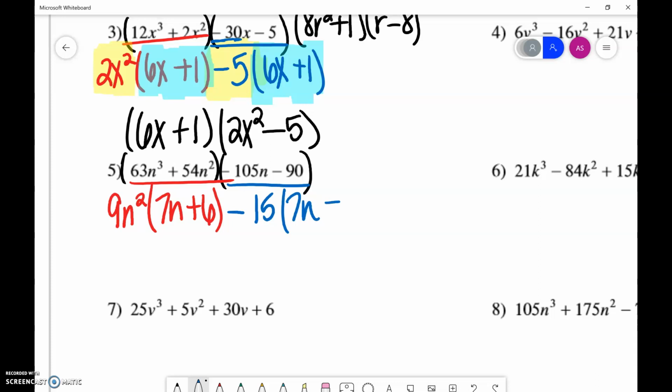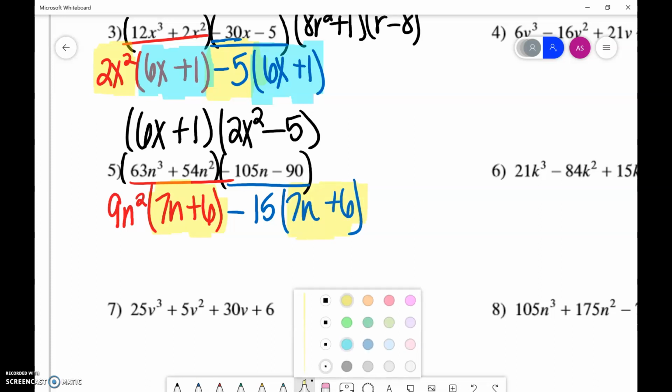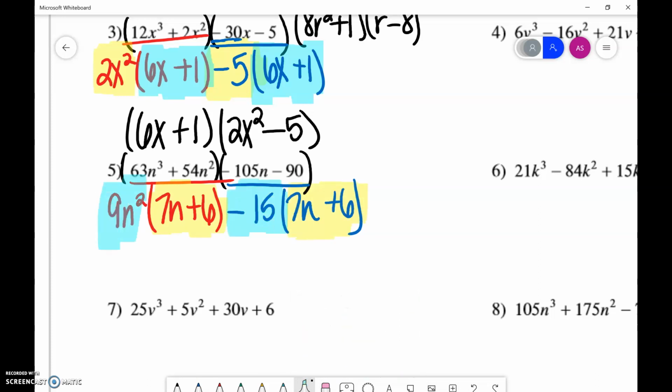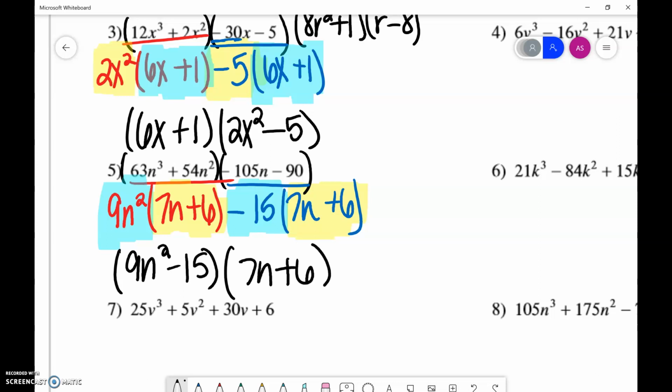That's going to be positive 6. So as we see here, these two are the same. So that's my answer, 9n squared minus 15 times 7n plus 6.